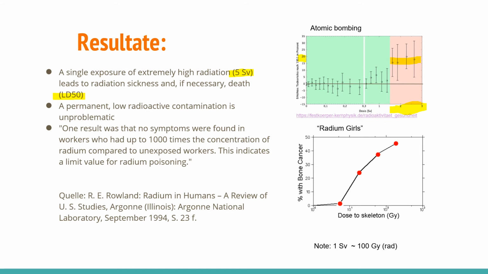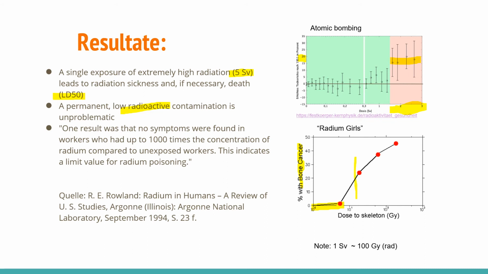Now, the other thing is, if you don't have a nuclear bomb, but you incorporate a radioactive material, as the exposed workers, you can look if they have cancer. And usually you get bone cancer because the radium is going into your bones, and you look into that and you see if the dose is not very high, then you don't see any effect.